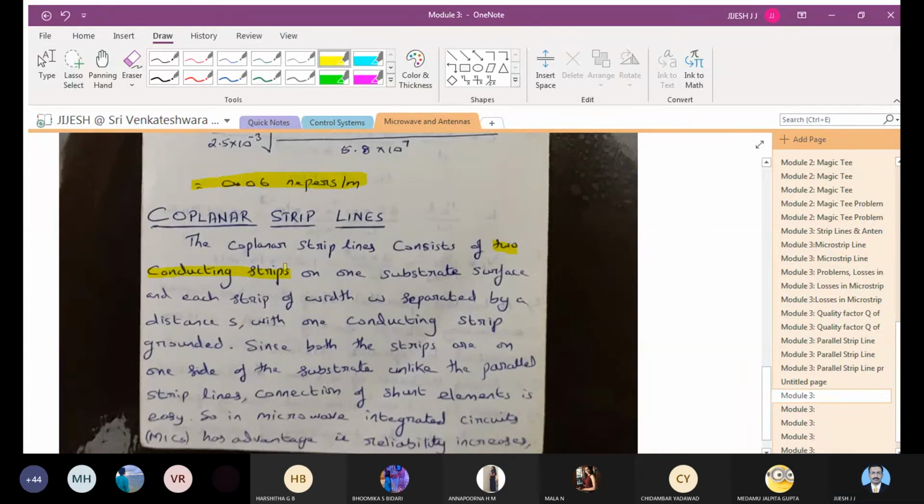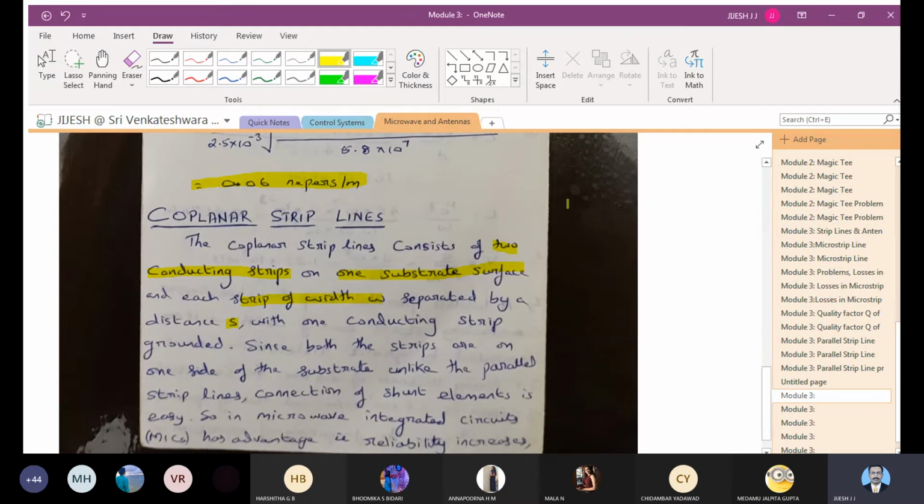The coplanar strip line consists of 2 conducting strips on one substrate surface, and each strip is of width W. The 2 conducting strips are placed on the substrate surface separated by a distance S, with one conducting strip grounded.